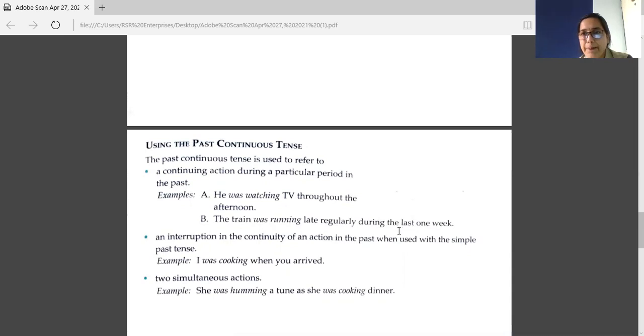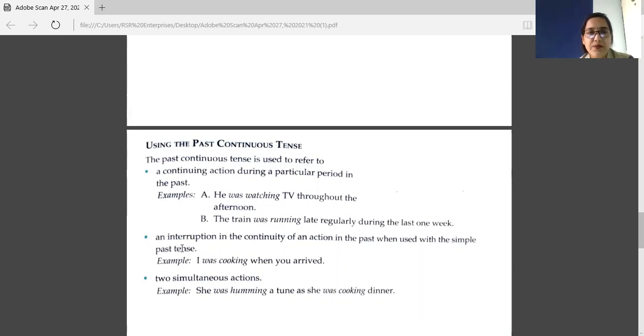So here some past period is mentioned, last 1 week. And what was happening? What was going on at that time? The train was running late. It was in continuation. So we have was and running, the present participle of run. So this sentence is in past continuous tense, or you can say in this condition, you can use past continuous tense.